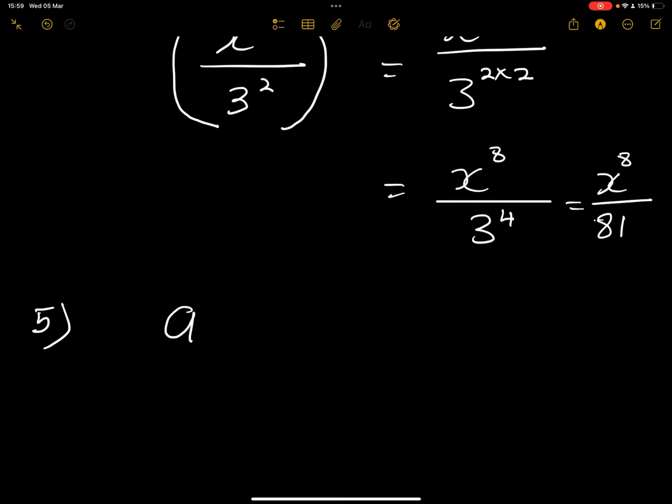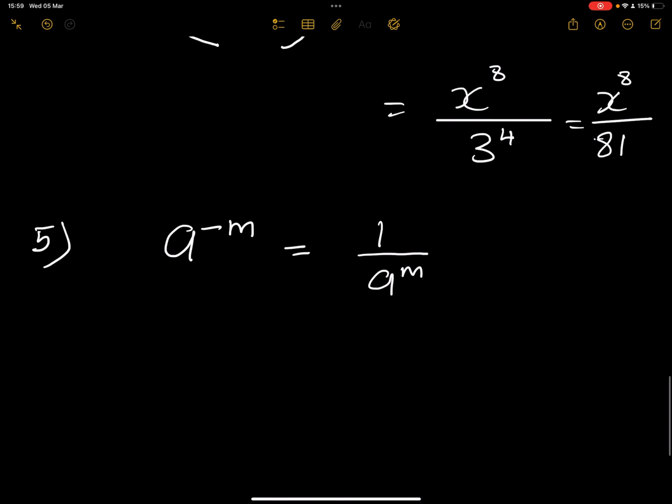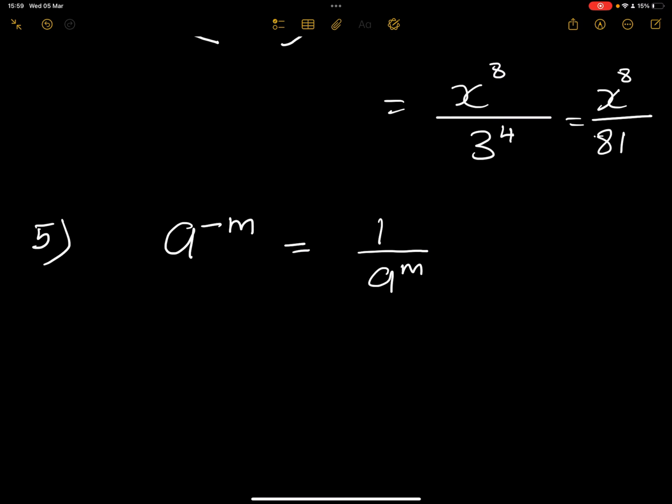a to the minus m, this will simply give me 1 divided by a to the exponent of m. Whenever I've got an exponent that is negative, I can write it as the inverse of that exponent in fraction form, but this time it changes sign.